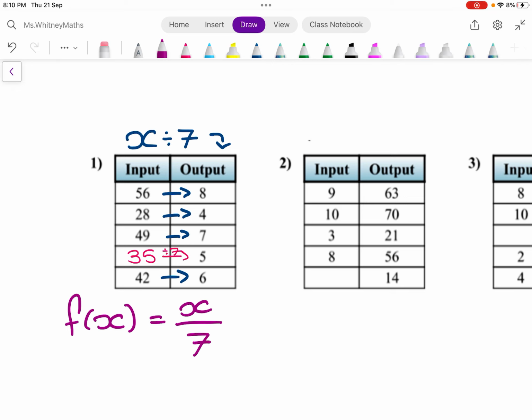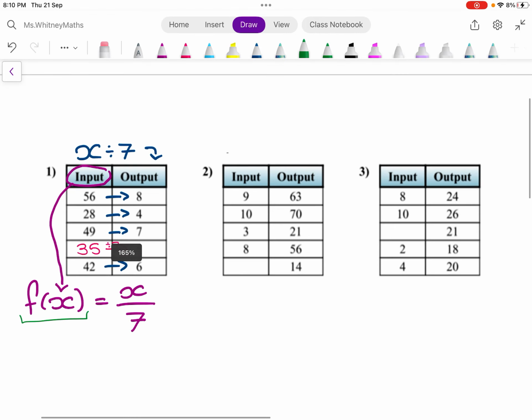And we really want to try to use a fraction for the divide. So our function of x, which is our input, what did we do to our input? Well, we did the input divided by 7. So you could almost say that this is our output, which we knew.